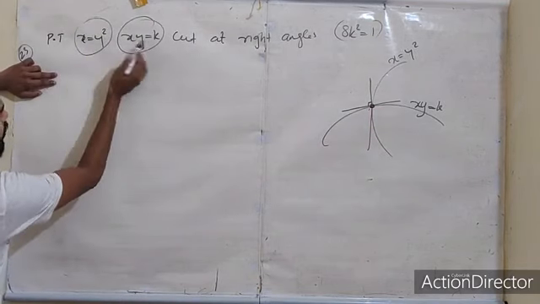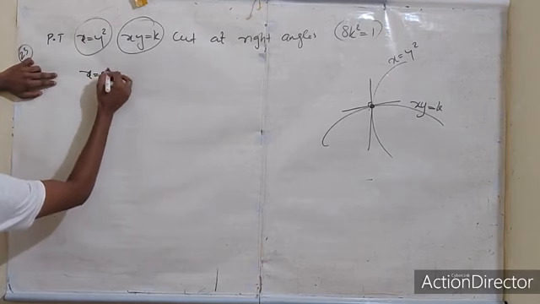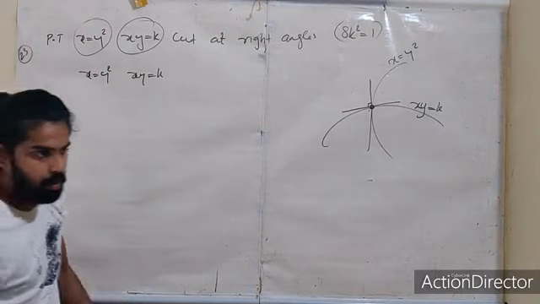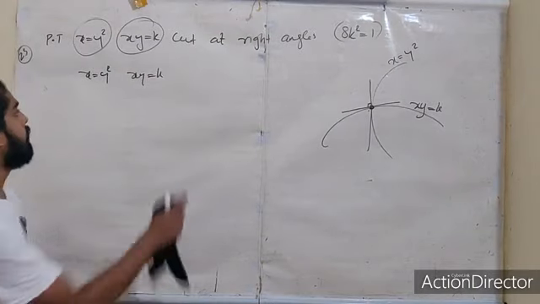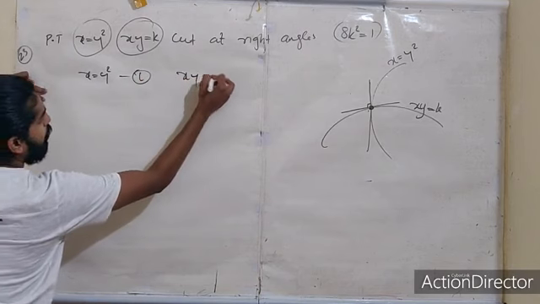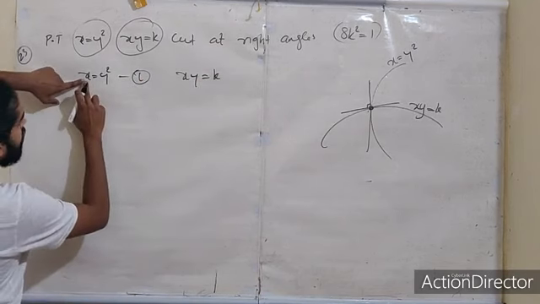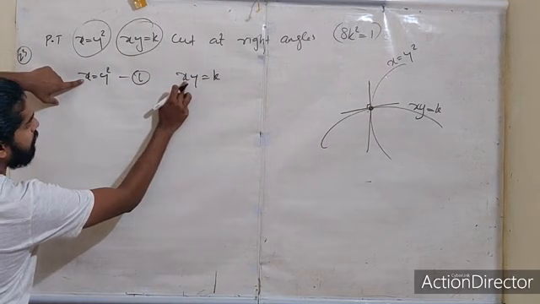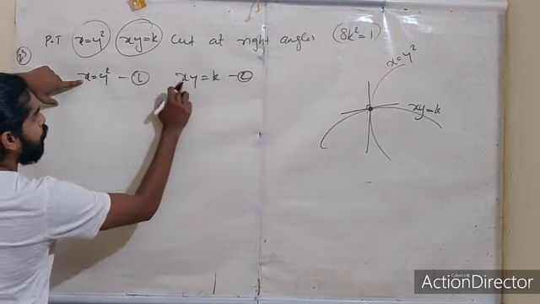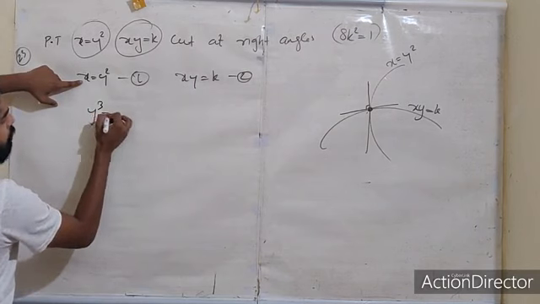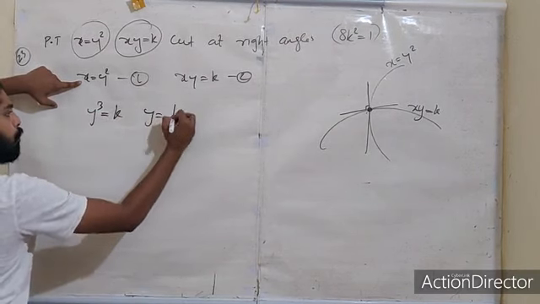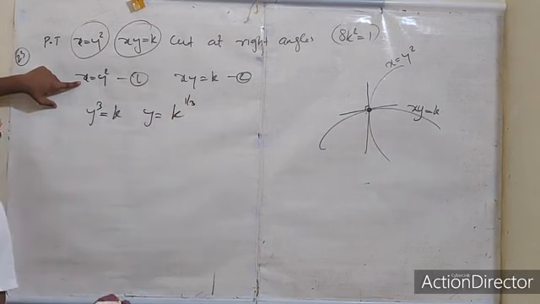We can solve these two equations simultaneously to get the point of intersection. x equal to y square is equation 1, and xy equal to k is equation 2. Since x equal to y square, we can substitute y square here. So this becomes y cube equal to k, or y equal to k raised to 1 by 3.